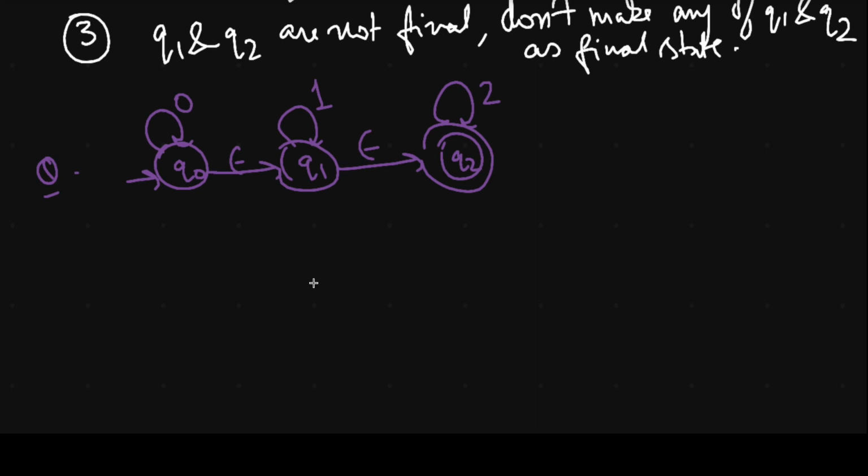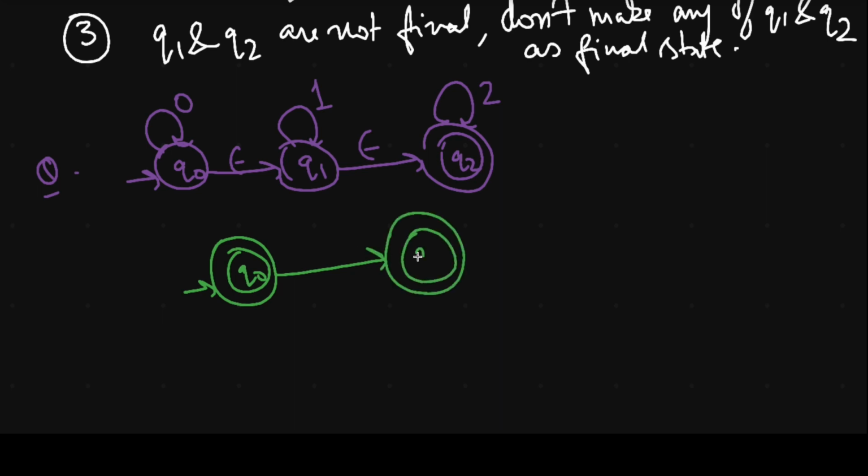So Q0, Q1 and Q2, all three will be final here. Okay, got it? We have to reach all the states using our initial state here. That's how we will eliminate the null move.